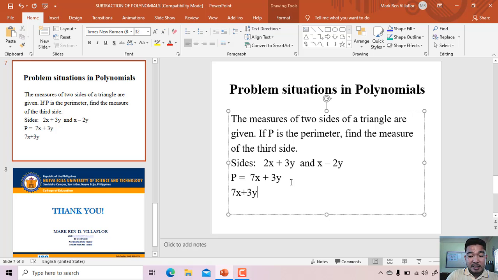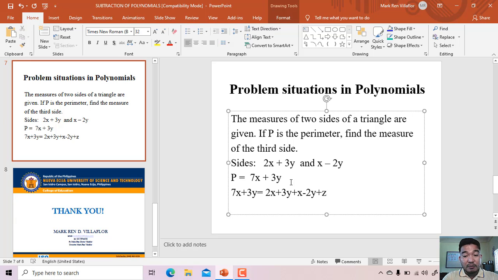So, 7x plus 3y equals yung dalawang side which is 2x plus 3y. Then, plus din yun, syempre, x minus 2y kasi perimeter to, plus z. Pagpalagay natin yung pangatlong side ay z.